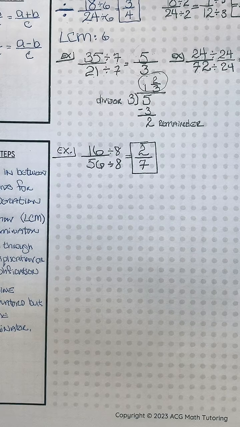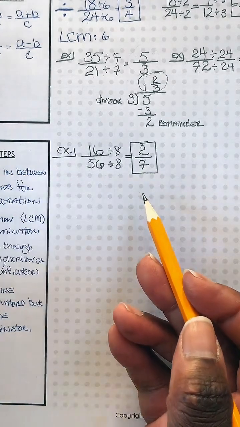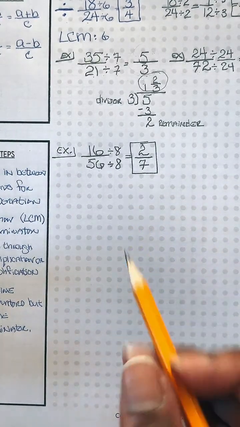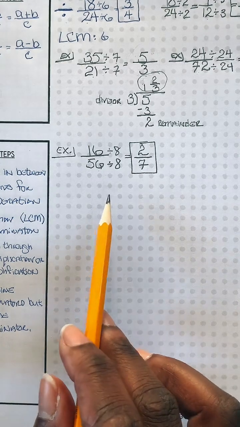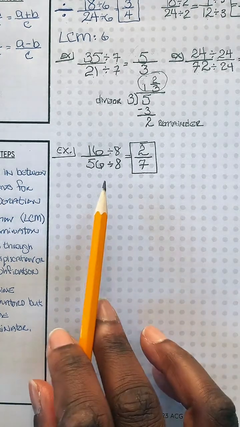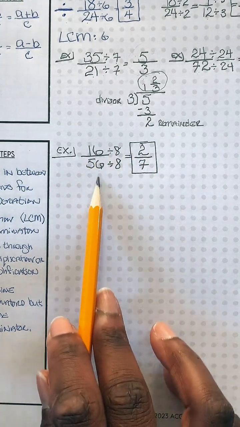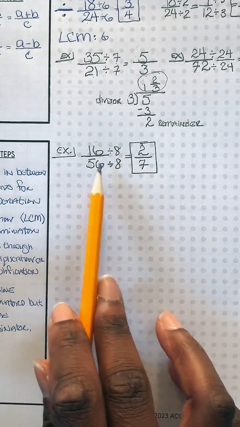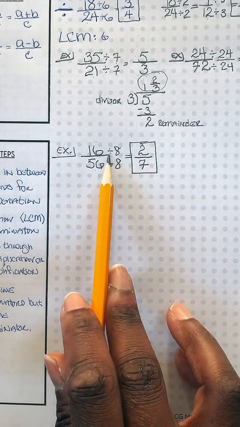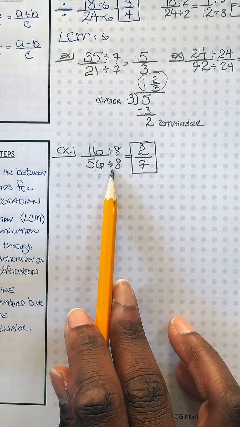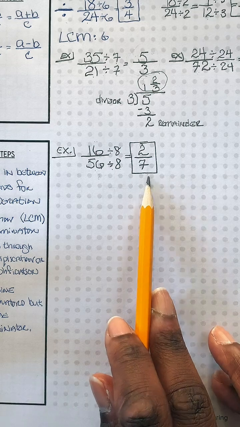All right, how do we do with the simplification? Everybody's like, do you do this, do you do that? And I'm like, yes, maybe, yes. So all we're doing is simplifying. We want to find the greatest common factor of 16 and 56, so we can divide both the numerator and denominator by it to get down to lowest terms.